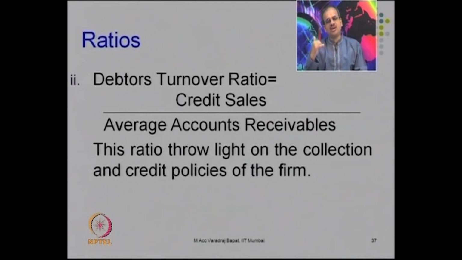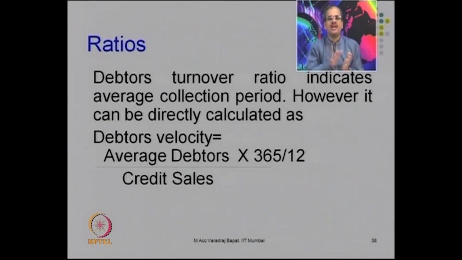Similar to inventory turnover ratio, there is debtors turnover ratio, or it is also known as receivables turnover ratio, which tries to relate sales vis-a-vis average accounts receivable. The ratio again can be converted into debtors velocity, which is exactly the opposite of it, which tries to find the debtors upon sales into 365, or 12 if you want in months.